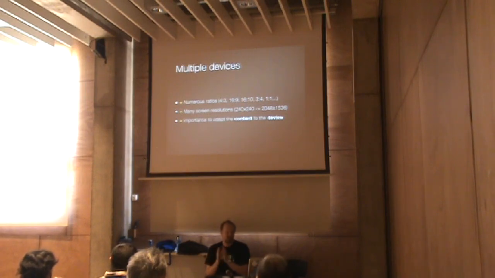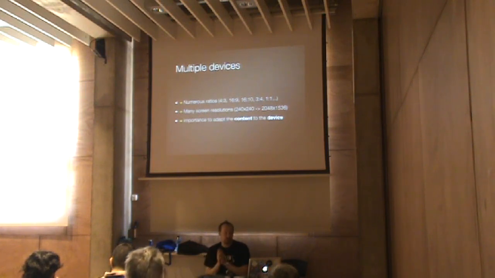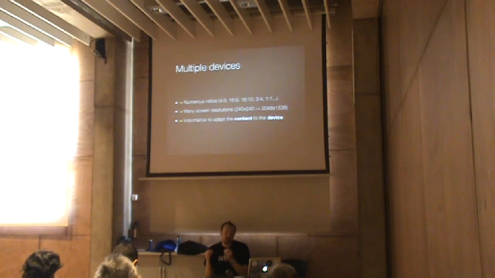You have the classical 4:3, you have 16:9, a lot of ratios. You also have many screen resolutions, like the last iPad 3 has a very big retina screen, but an iPhone 3GS has a small screen. So you really have to think about how to adapt the content of your website or application to the device. We'll see how.